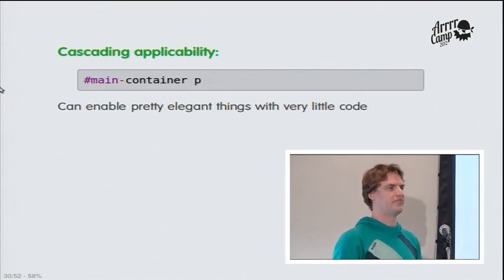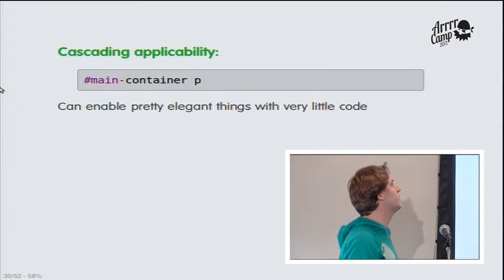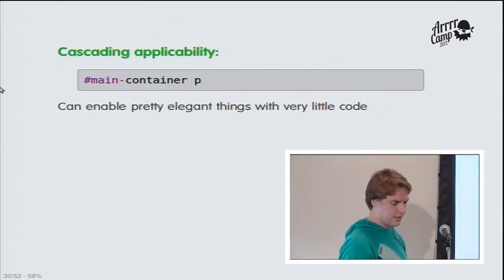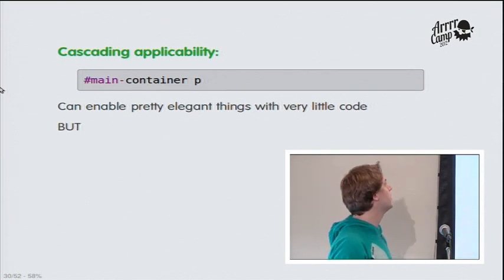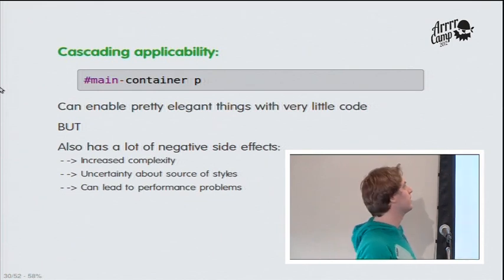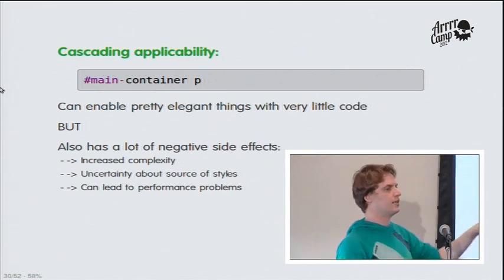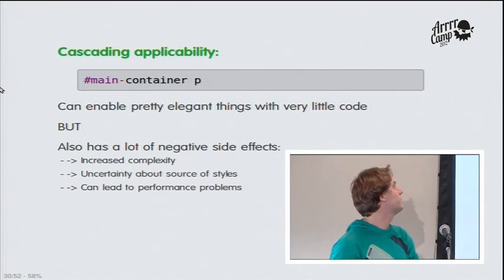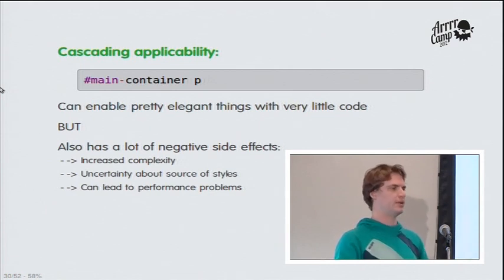With very little code, you can style large parts of your application, which is definitely a pro, but it also has a lot of negative side effects. There's increased complexity, because if you style your paragraphs like that, and then somewhere down in your main container you have a paragraph that you use in a totally different way, then you say, well, why does it look like that?